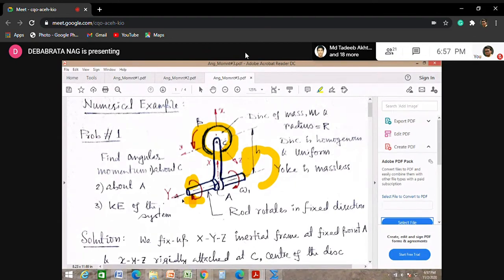If this part and all these parts have no masses, then of course for the system the center of mass is C. So you need to find out the system's angular momentum about its center of mass. So you calculate hc. Then you additionally need to find out the absolute velocity of this point C.